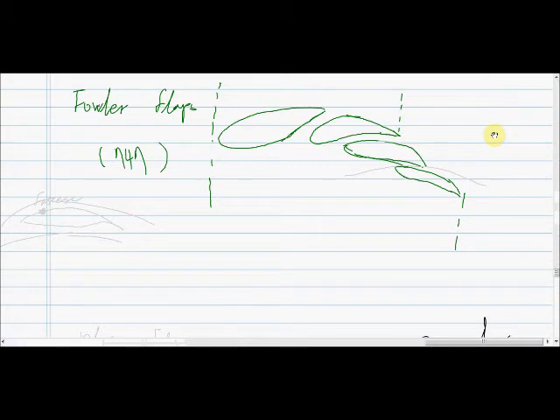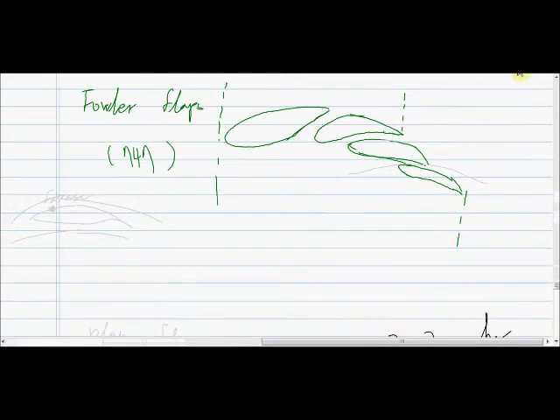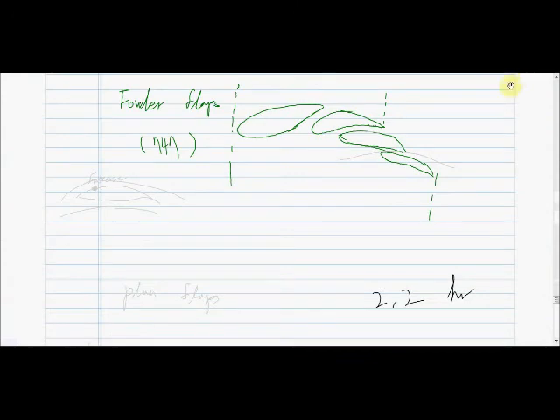I'm just going to draw a regular wing. The downwash and the upwash. So you have the upwash here, air goes over, air goes under. So the air up here, it accelerates, right? It goes fast, and then as you go down the backside, it slows down.